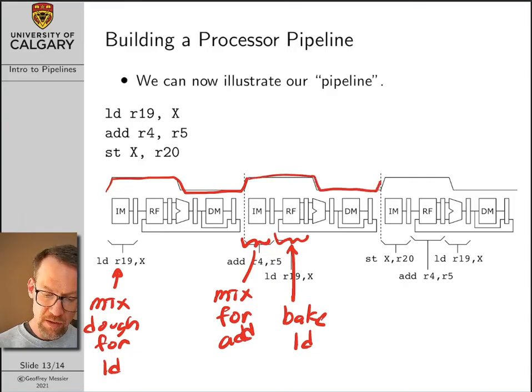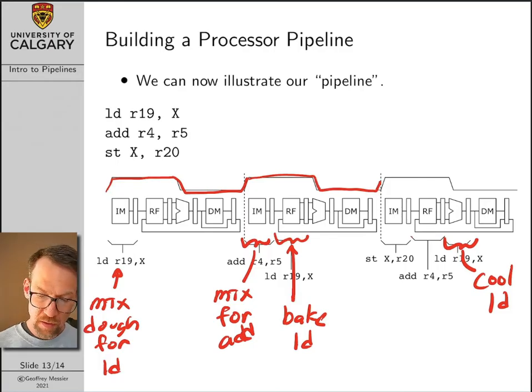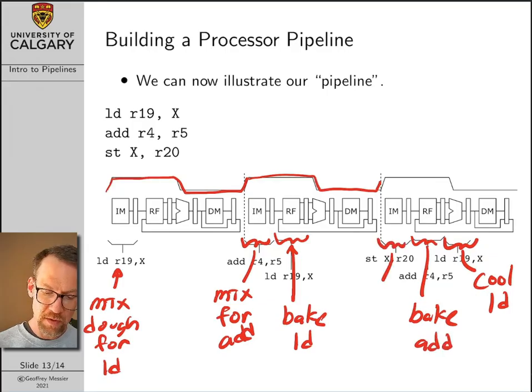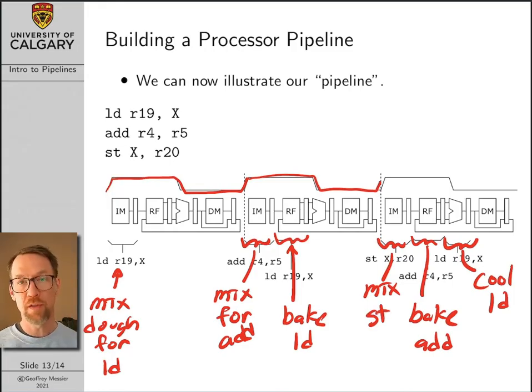Now, in our next cycle, we finished baking load, we finished mixing add, so we just slide everything down. Let's cool down load. Let's bake add. And let's start mixing the dough for store. That's all that's happening here. So we're just feeding one command in after the other once they finish in each stage.